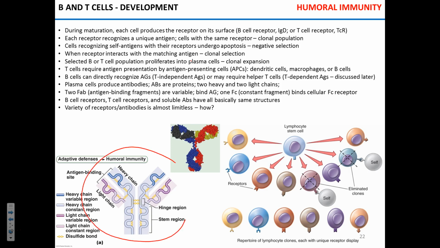So this is a schematic representation of antibody right here. And this is the actual structure. Okay? So you can see that the molecule has roughly a Y shape. Each antibody molecule consists of two heavy chains, so this is heavy chain, and two light chains.